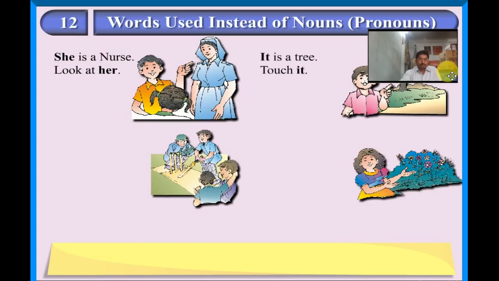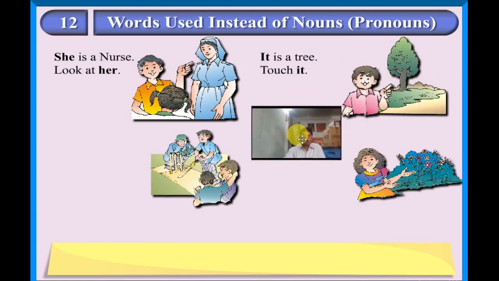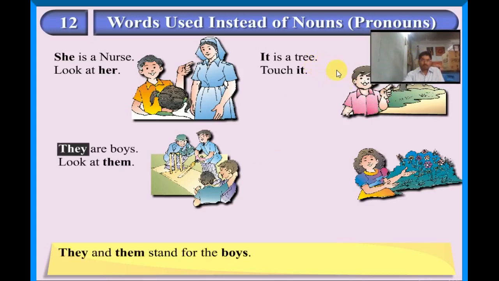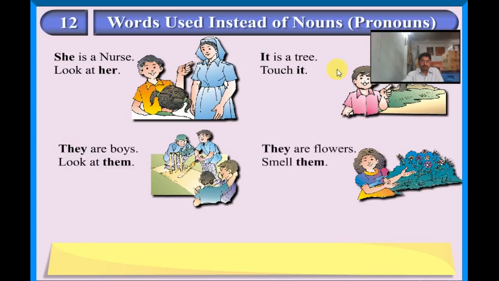It is a tree. Touch it. Here, it and it stand for the tree. They are boys. Look at them. They and them stand for the boys. They are flowers. Smell them.